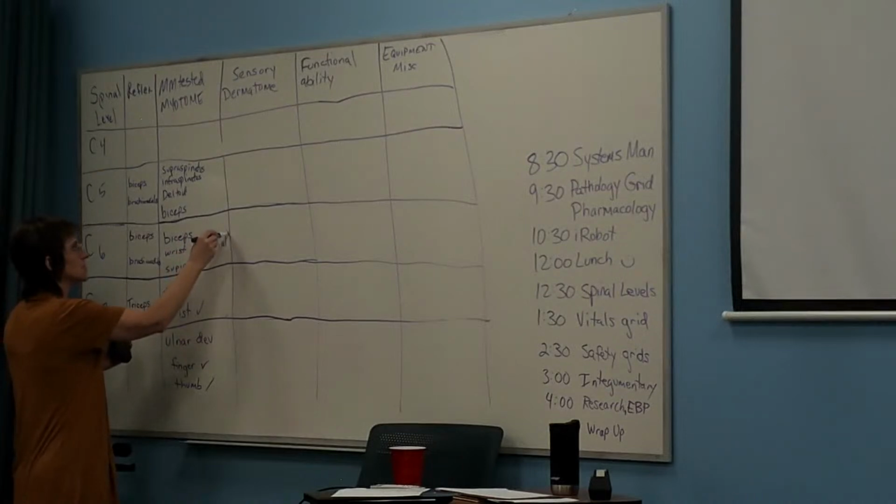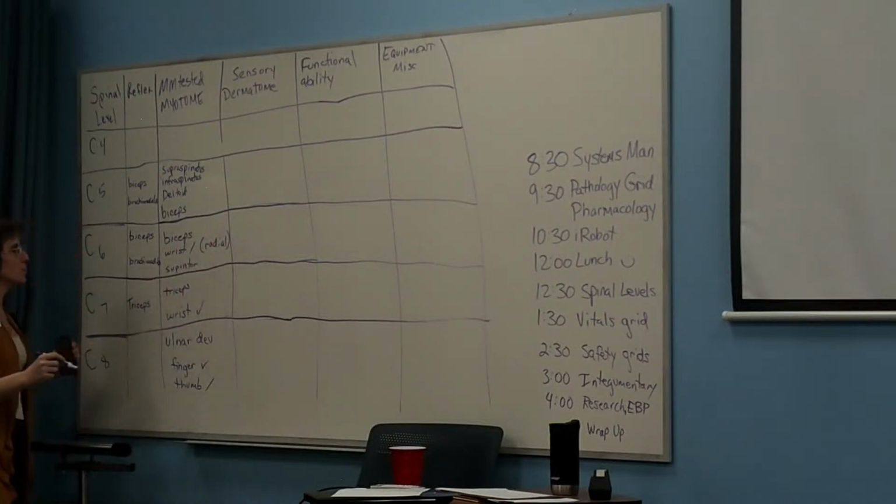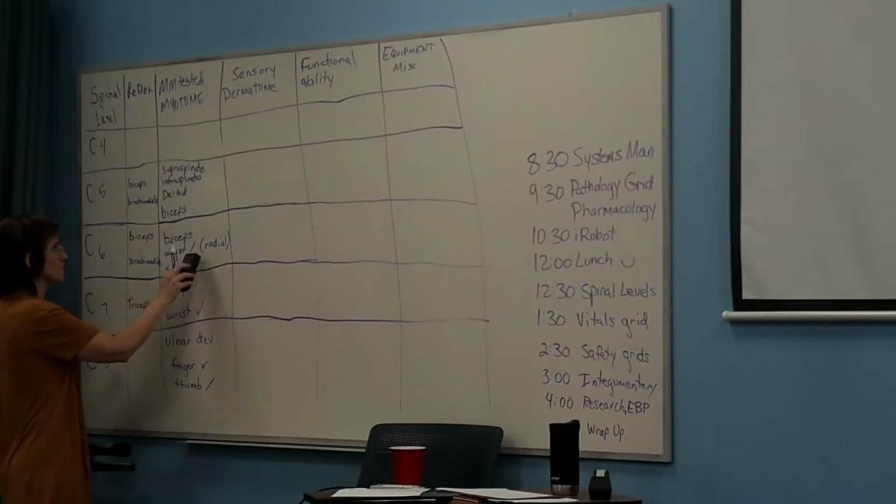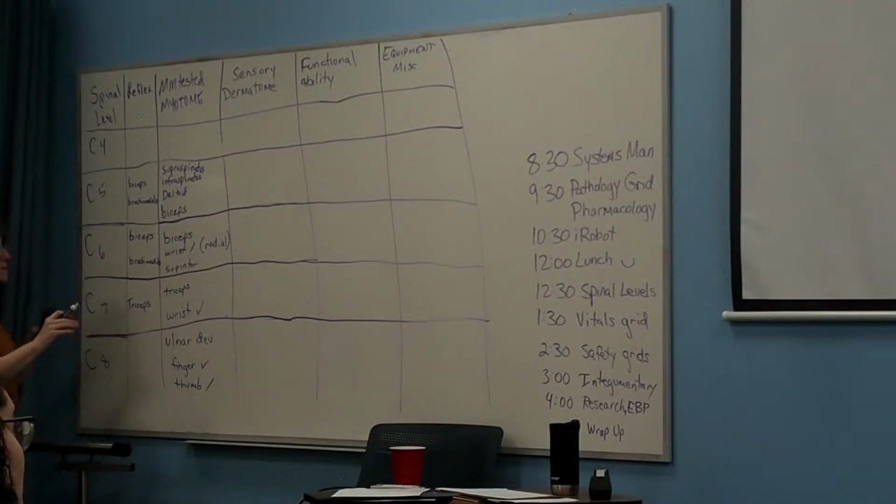Okay, radial nerve does the wrist extensors. That's C6. Let's leave radial nerve there, C6, because we've got C6 here. That might help you. Thumb, radial nerve, C6. Wrist extensors. Okay.